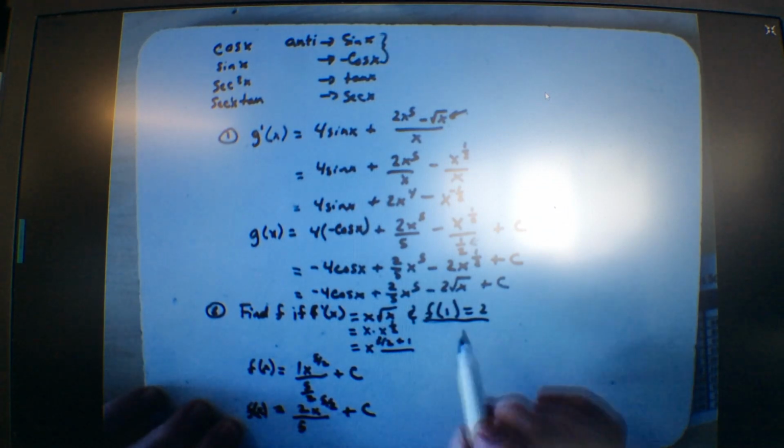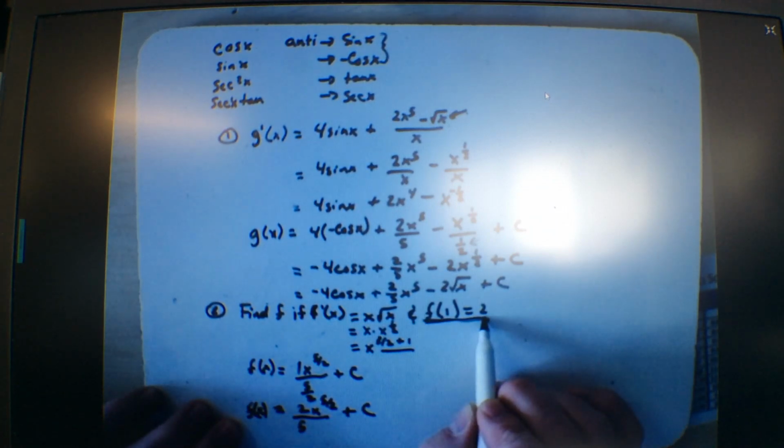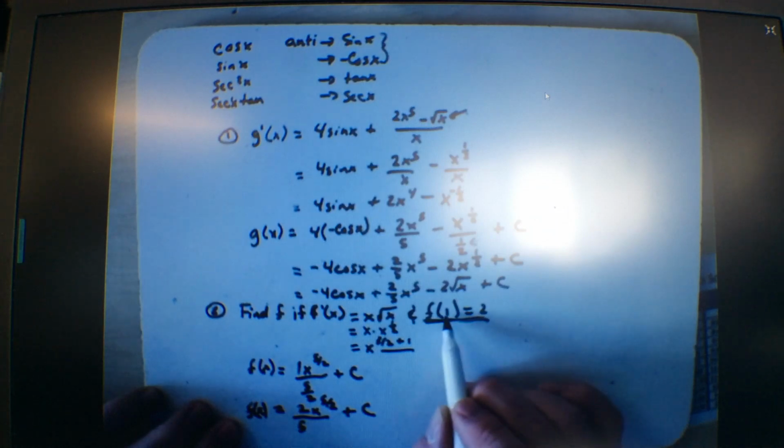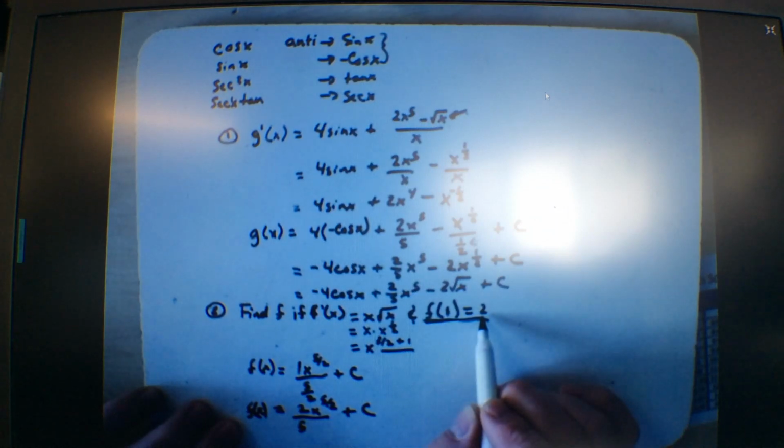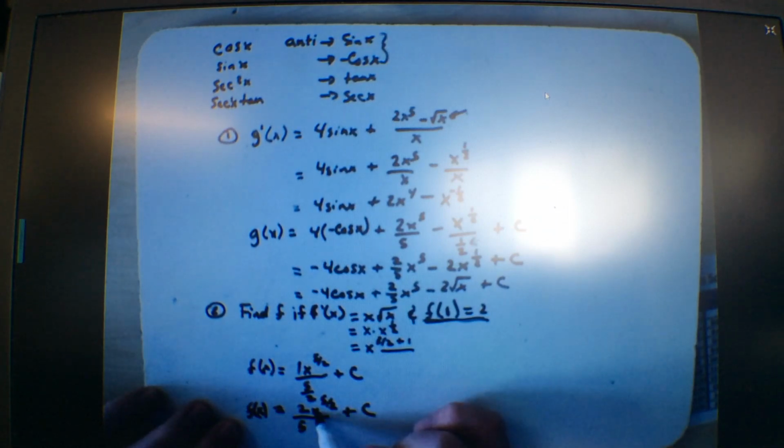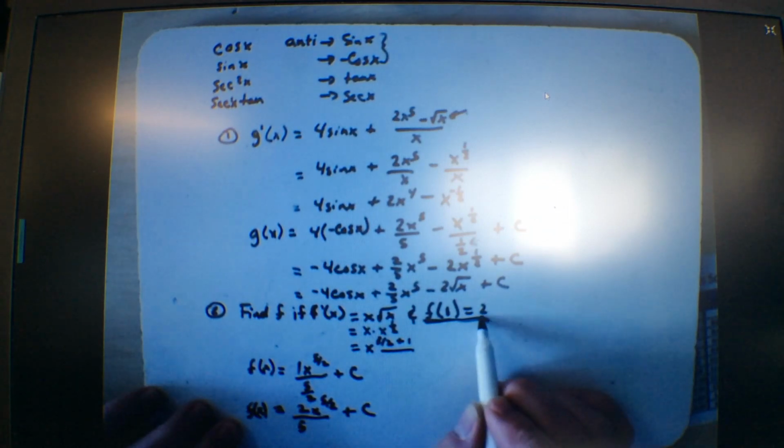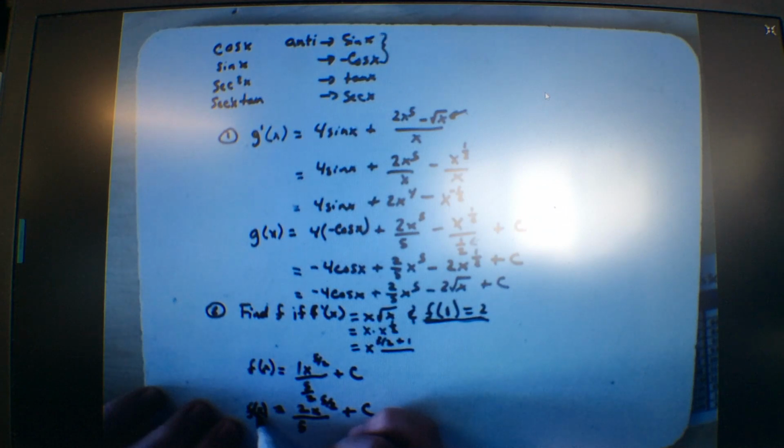However, I can find c because I know f of 1 equals 2. So if I put 1 in for x, I should get 2 back, right? So I'm going to put this 1 into this x, and I'm going to put this 2 in for the fancy way to write y.